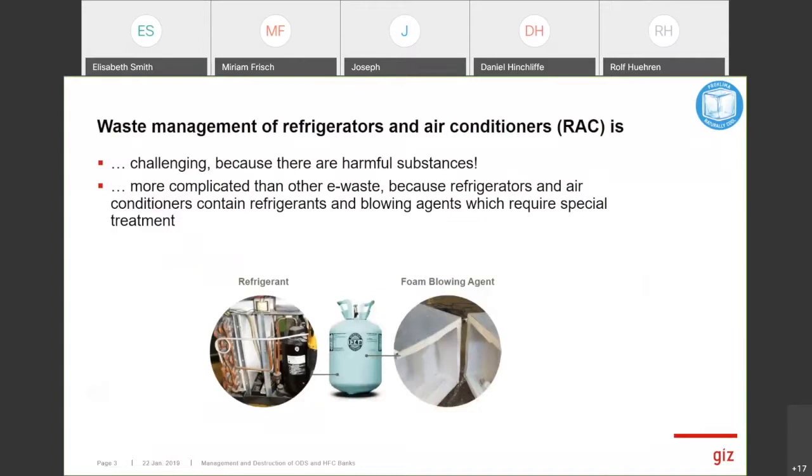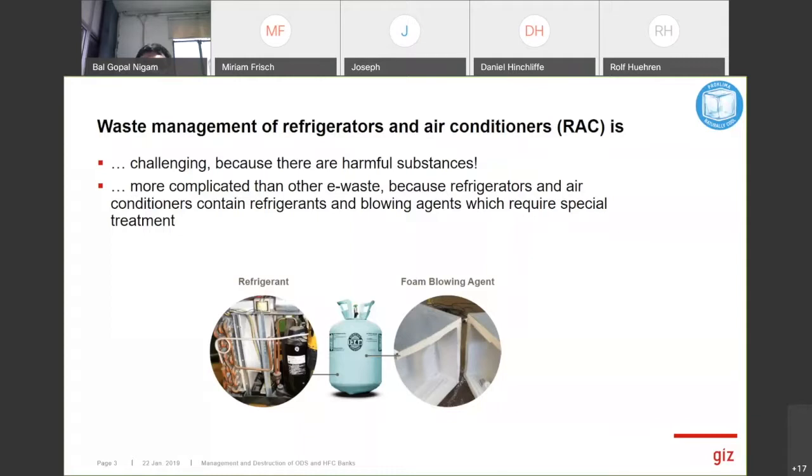So why is it so important to do appropriate waste management of old cooling devices, or we call them RAC devices because of refrigerators and air conditioners? And why is it different to other e-waste streams? Refrigerators and air conditioners have different harmful substances.